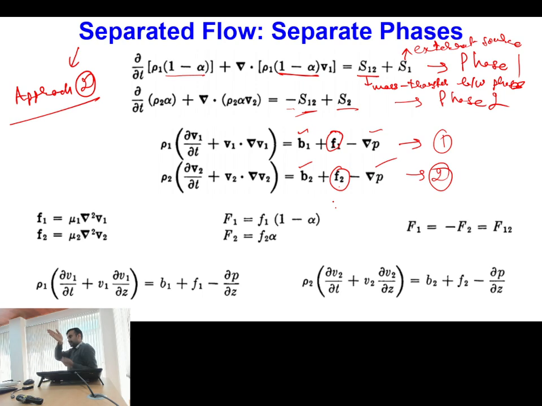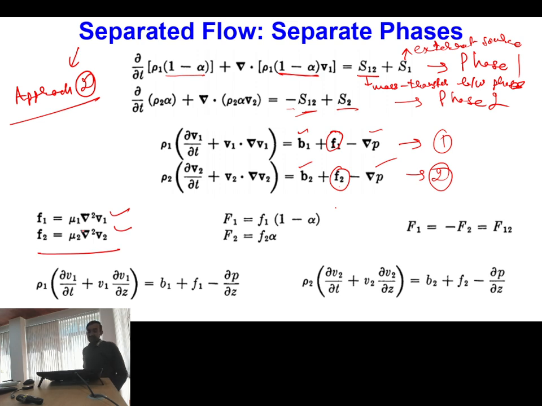For some portion of the area, there will be viscous force because of phase 1. For the remaining portion, there will be viscous force because of phase 2. So in a stratified flow situation, F1 and F2 will involve viscous force from both components. That is what is given here: mu1 del square V1 and mu2 del square V2.